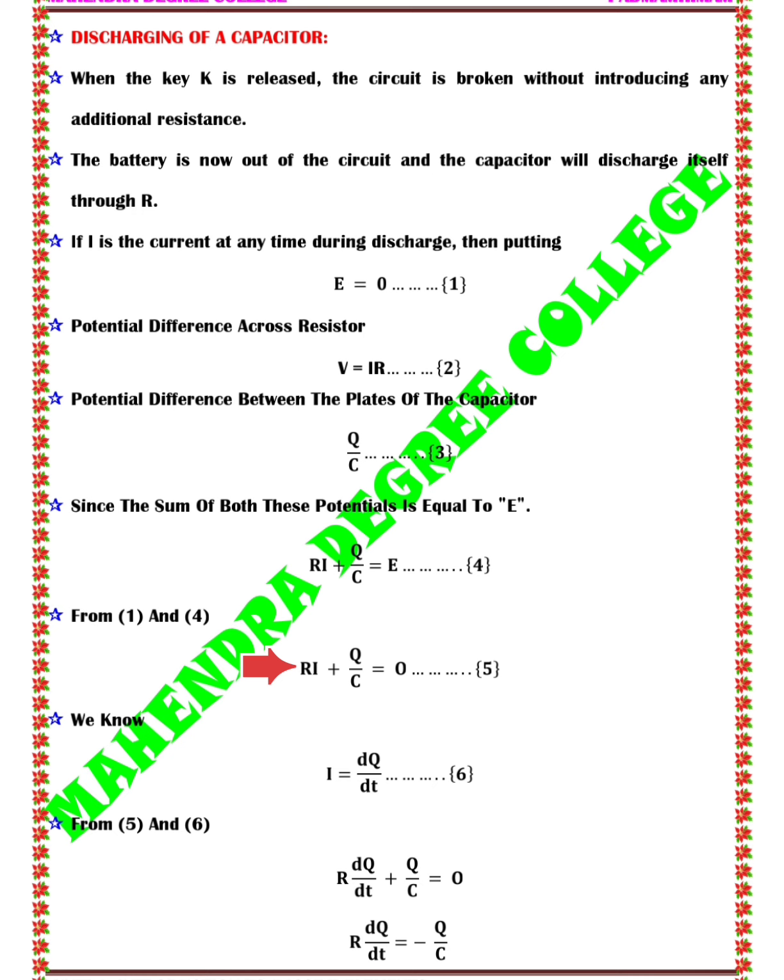This equation represents the discharge of a capacitor through a resistor. Simply, this is Kirchhoff's loop rule applied to a discharging RC circuit, where I is the current measured in amperes, R is the resistance measured in ohms, Q is the charge on the capacitor measured in coulombs, C is the capacitance measured in farads.